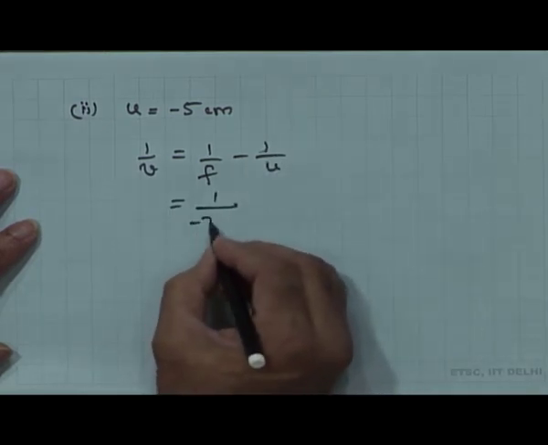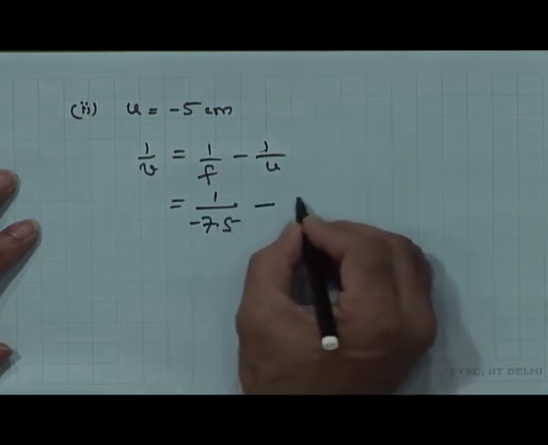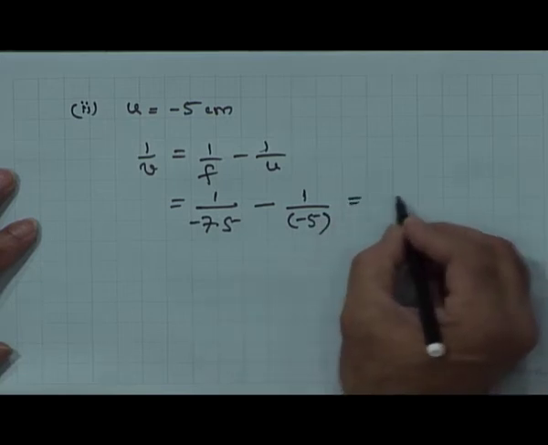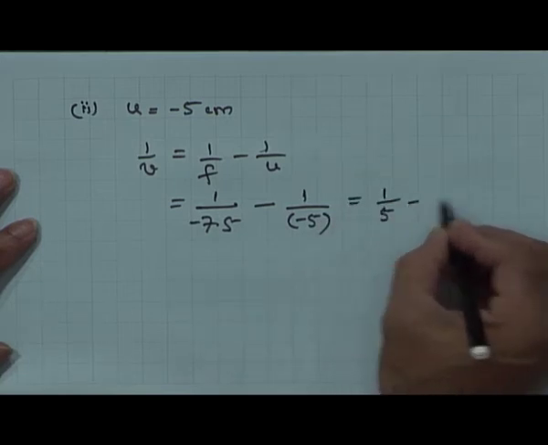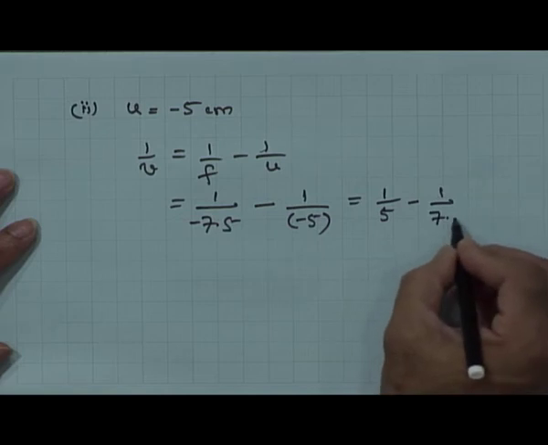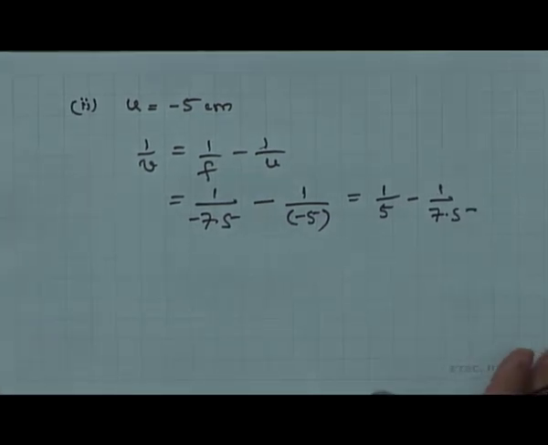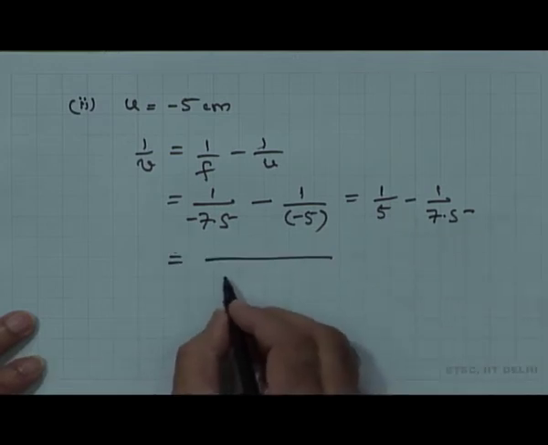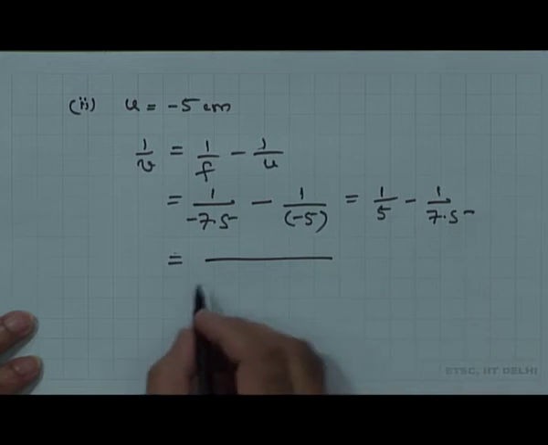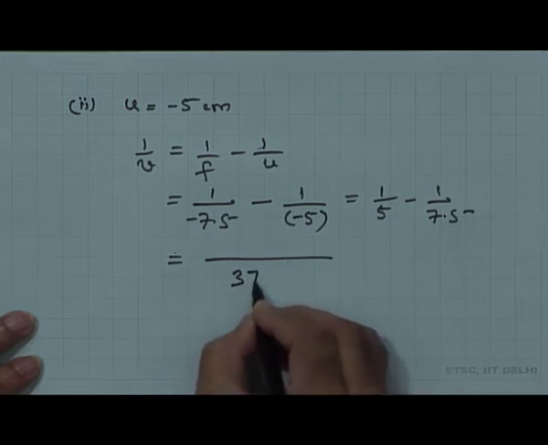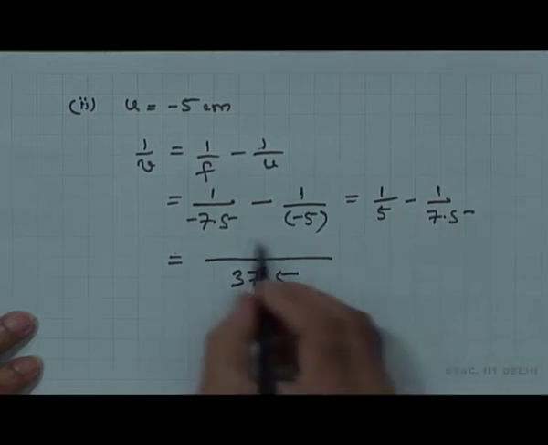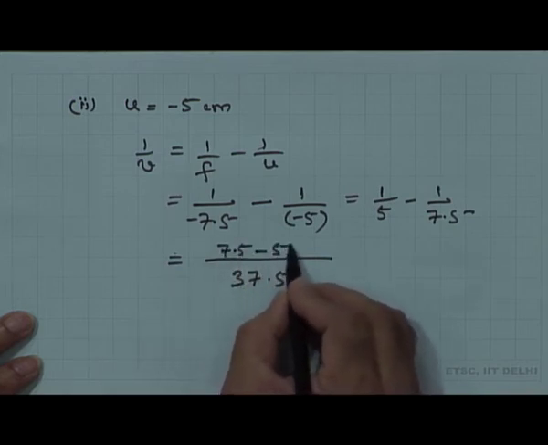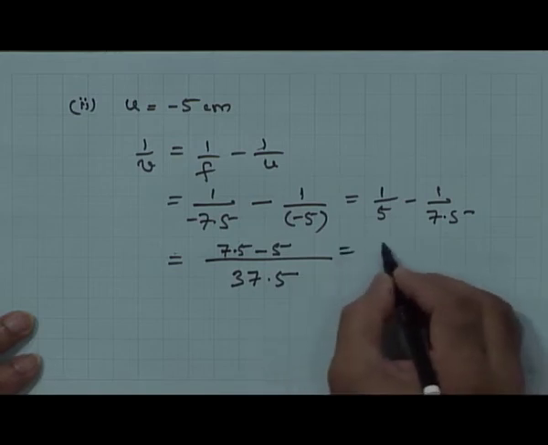1 divided by minus 7.5 minus 1 divided by minus 5, which is equal to 1 by 5 minus 1 by 7.5. So, 5 into 7.5 is 37.5, and 7.5 minus 5 is equal to 2.5.